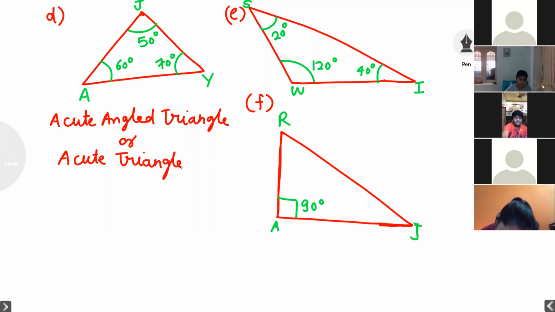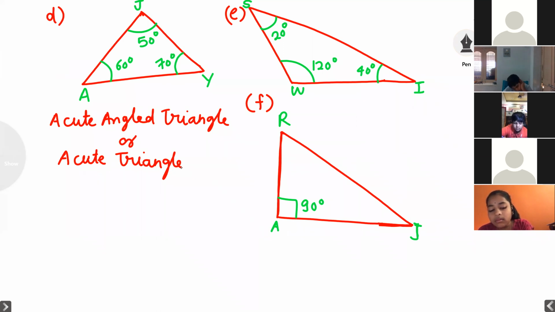Now we can also identify whether this triangle will exist or not. The sum of three angles of a triangle is equal to 180 degrees. When we add 60 plus 50 plus 70, the answer is exactly 180. If the answer does not come exactly 180 degrees, that triangle will not exist. I have explained this as the angle sum property of a triangle.